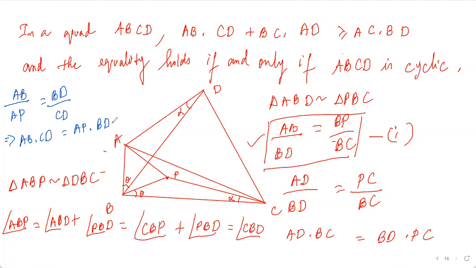And now if I add these two, that is I have here AB times CD, and I was having here AD times BC.